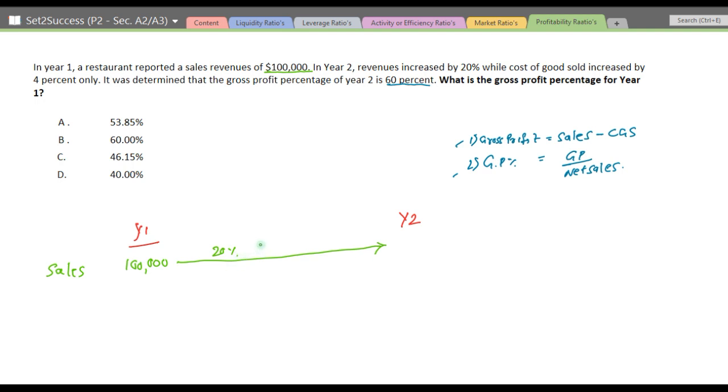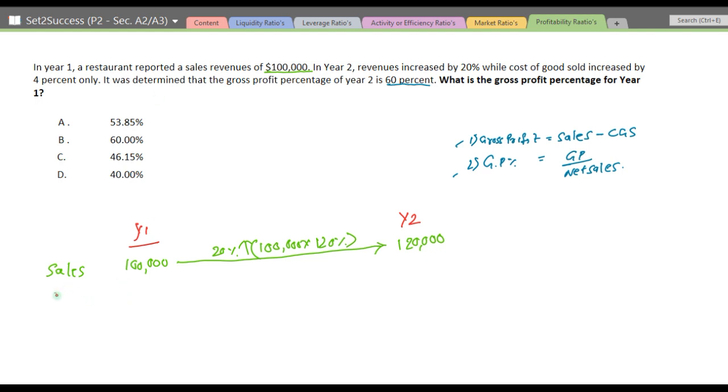This means in year 2 the sales will be 100,000 into 120 percentage, which gives us 120,000 in year 2. So the sales in year 1 is 100,000 and year 2 it is 120,000.